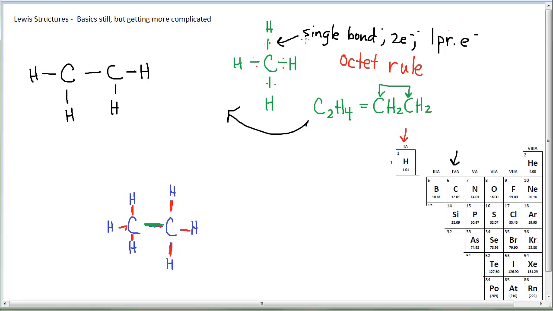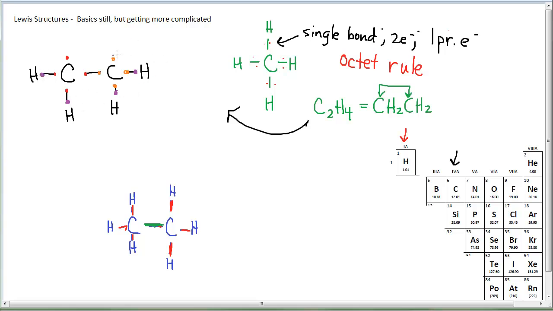What I'm drawing here is often referred to as the skeleton. It's just the basic arrangement and attachments of the atoms. But let's think about it in terms of their dots. So carbon would have 1, 2, 3, 4 dots around it. The second carbon would also have 1, 2, 3, 4 dots around it. And each hydrogen would have 1 dot.